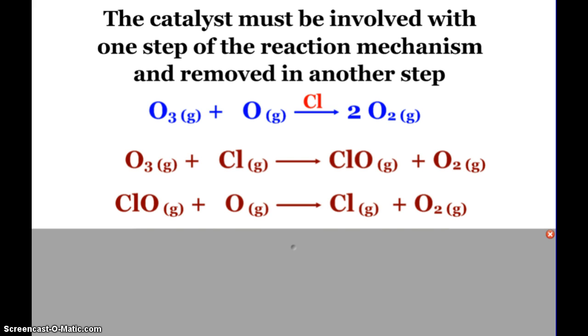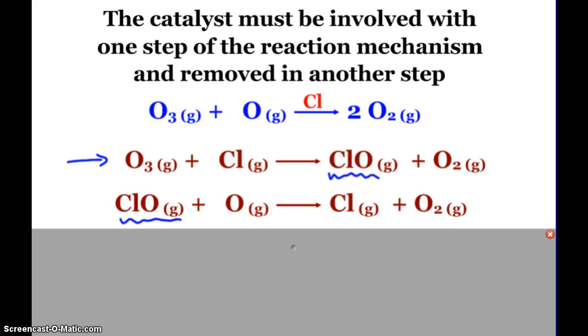Again, this is a proposed mechanism: ozone is going to react with chlorine. It's going to create chlorine monoxide and an oxygen molecule. Okay, and then that reaction intermediate, the chlorine monoxide, will react with the oxygen atom and create chlorine and another oxygen molecule.